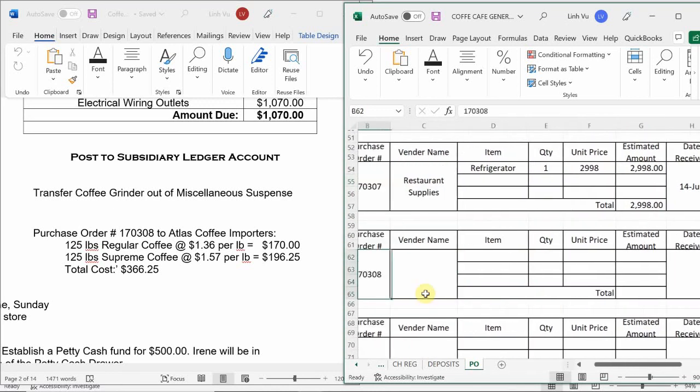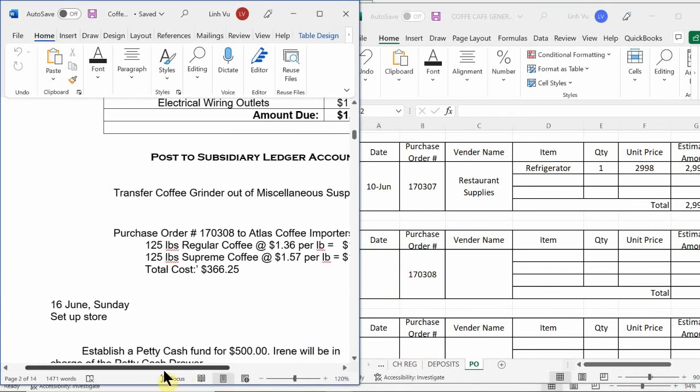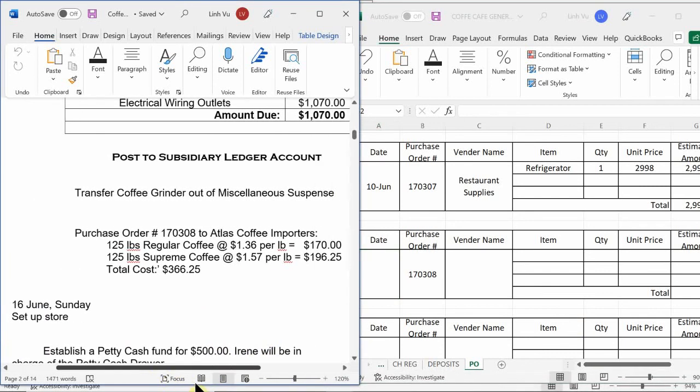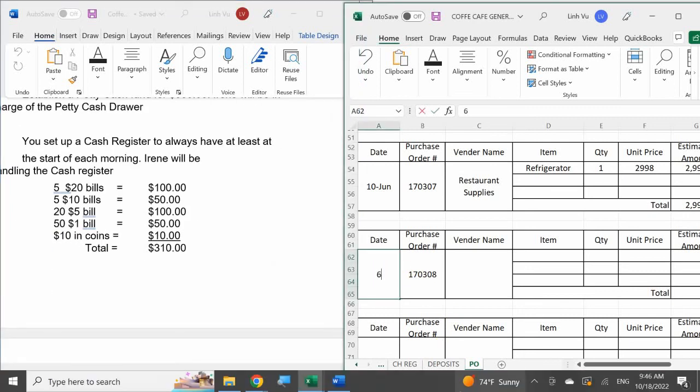So what did I buy? Purchase order number 308. Today's still the 15th. What did we buy?